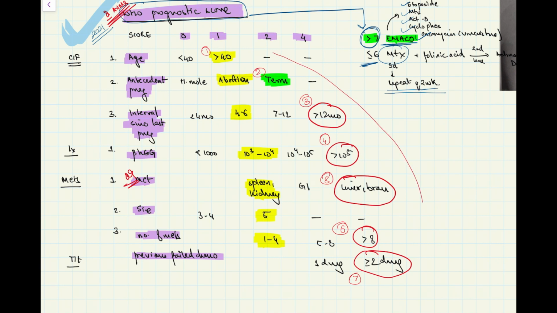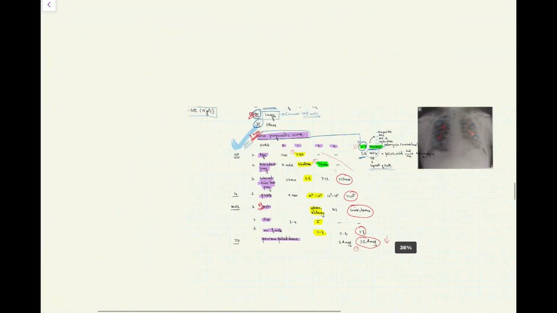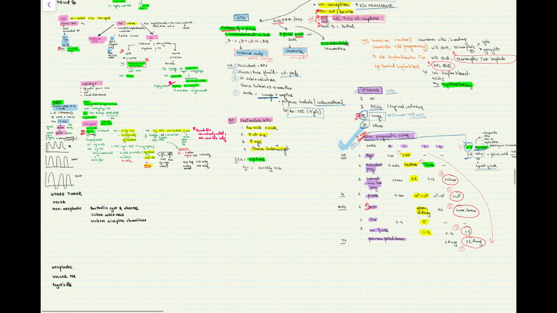So, these are all high risk features. If you know them, you can easily see that if these all things are coming, then the treatment would be a multi-drug chemotherapy of EMACO regimen, right? Or you can learn this also. It will only help you to solve questions.